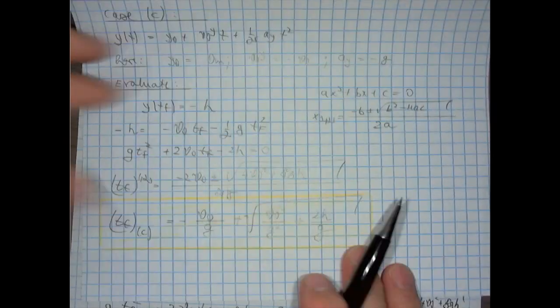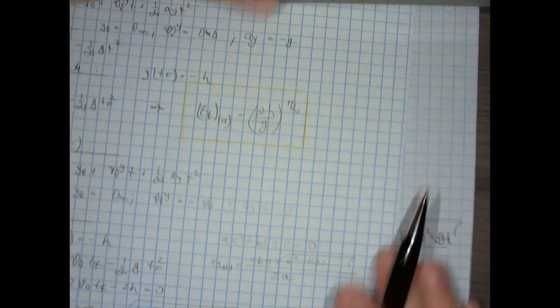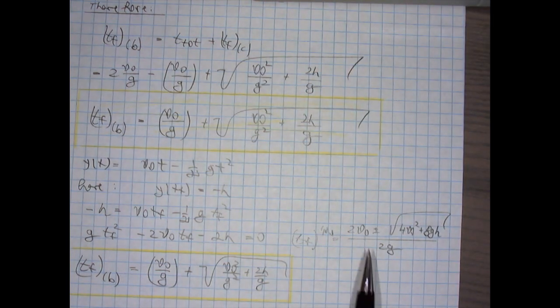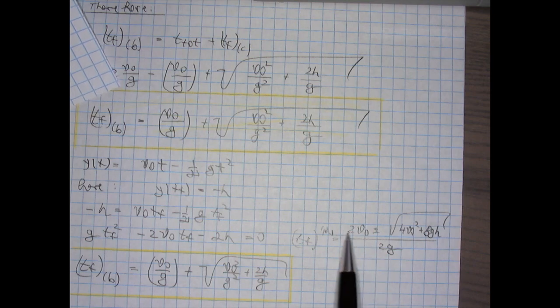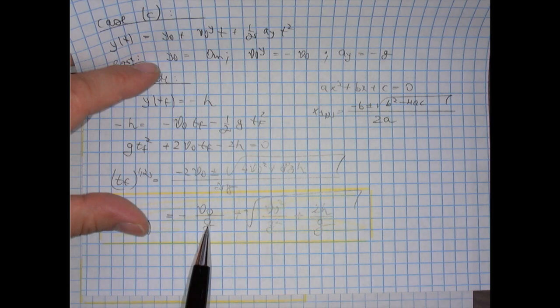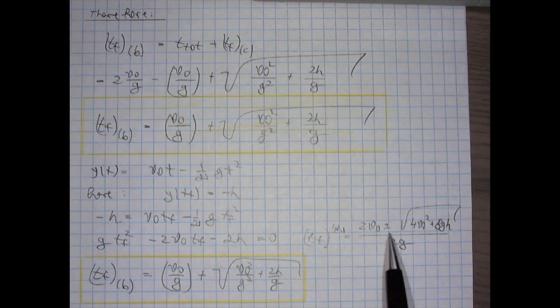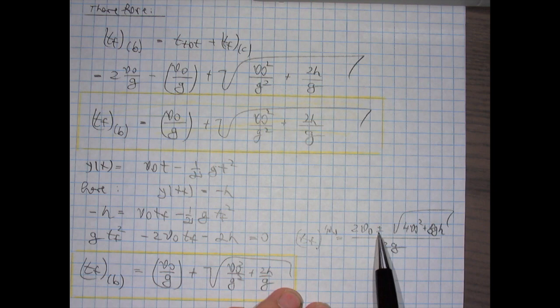So now let's have a look at this here. If I take the negative solution now in part B, the negative of that, this would be minus 2V naught over 2G, so minus V naught over G. This is exactly what you have here, minus V naught over G, plus that square root term. Now let's take the negative of that negative solution, minus then plus.